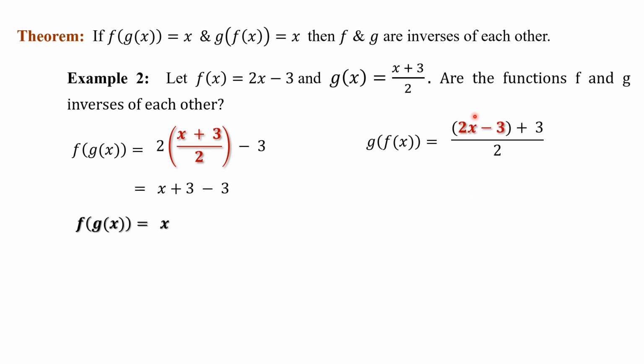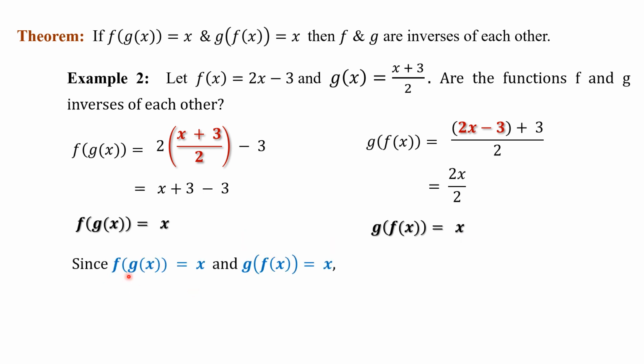And then simplifying the numerator, 2x minus 3 plus 3 is equal to 2x, divided by 2. And then cancelling out the 2, it will give us x. So g of f is also equal to x. So we can say here that since f of g is x and g of f is also equal to x, then f and g are inverses of each other.